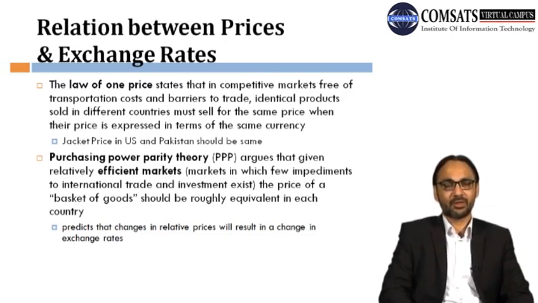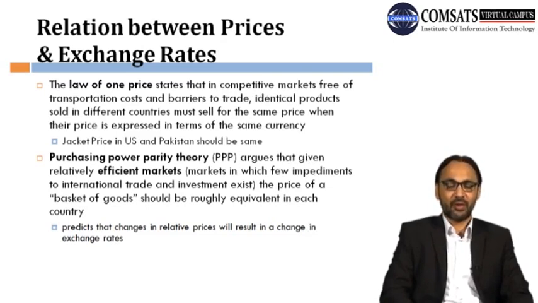The next concept is purchasing power parity. Purchasing power parity is almost the same thing as the law of one price, which argues that in a relatively efficient market where there are only a few impediments, in an efficient market, like we discussed with the law of one price, there is no obstacle in the flow of trade across the countries.